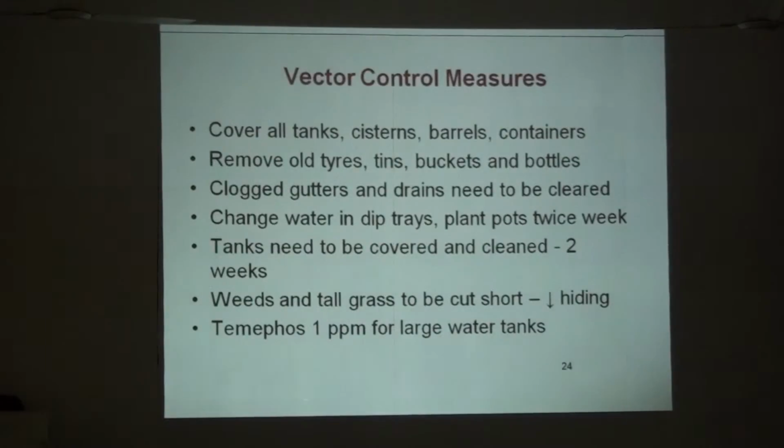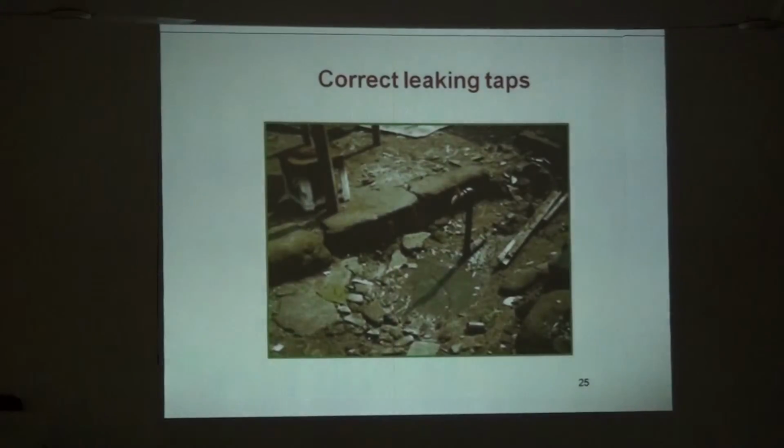vector. And different vector control measures: cover all the tanks, cisterns, barrels and containers. Remove old tires. Change the water in deep trays and plant pots twice weekly. Weeds and tall grasses are to be cut short to decrease the hiding places.